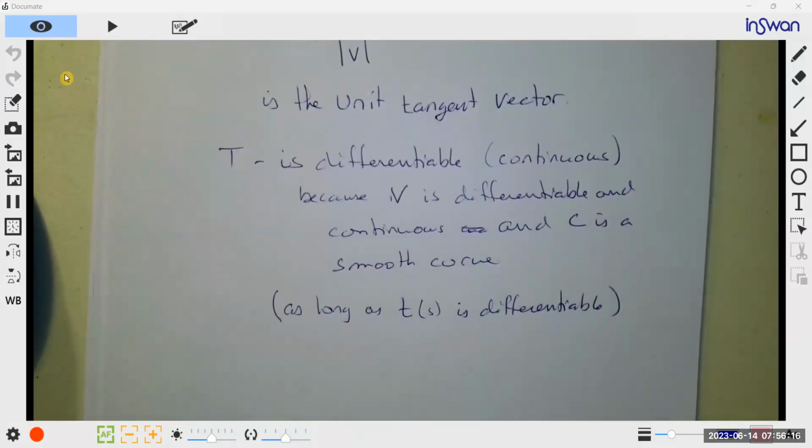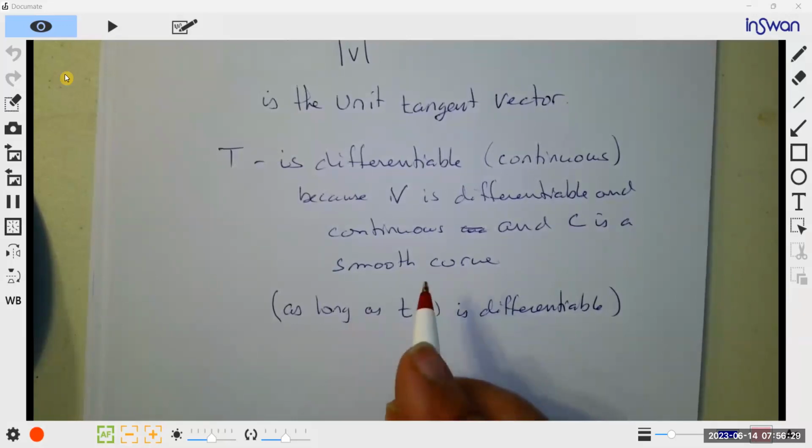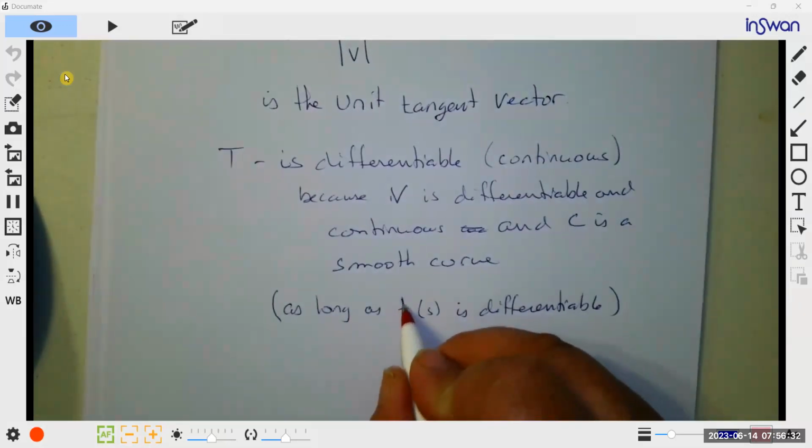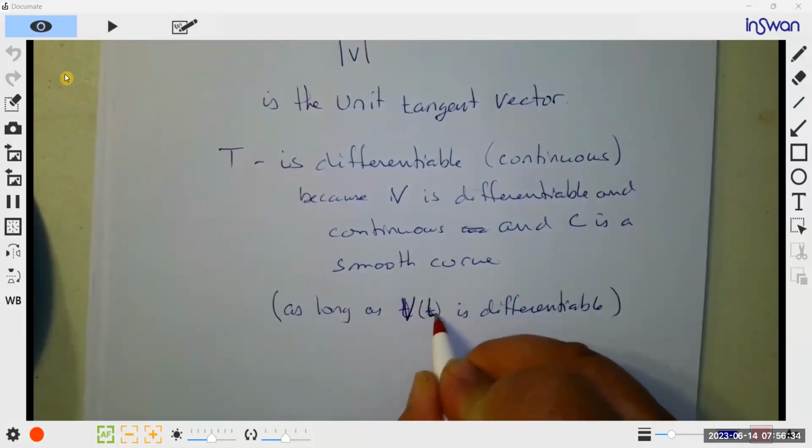Based on the condition, as long as T is differentiable. I'm sorry, V of T.